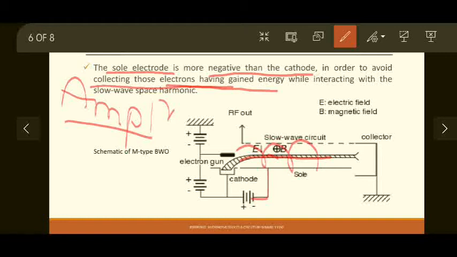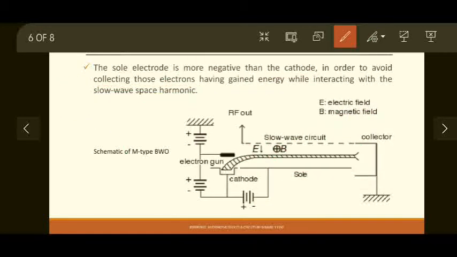So we want electrons to be collected which have lost the energy, not which have gained the energy. So to collect the electrons which have lost the energy, we are connecting an electrode over here, which will repel the electrons which have gained the energy.